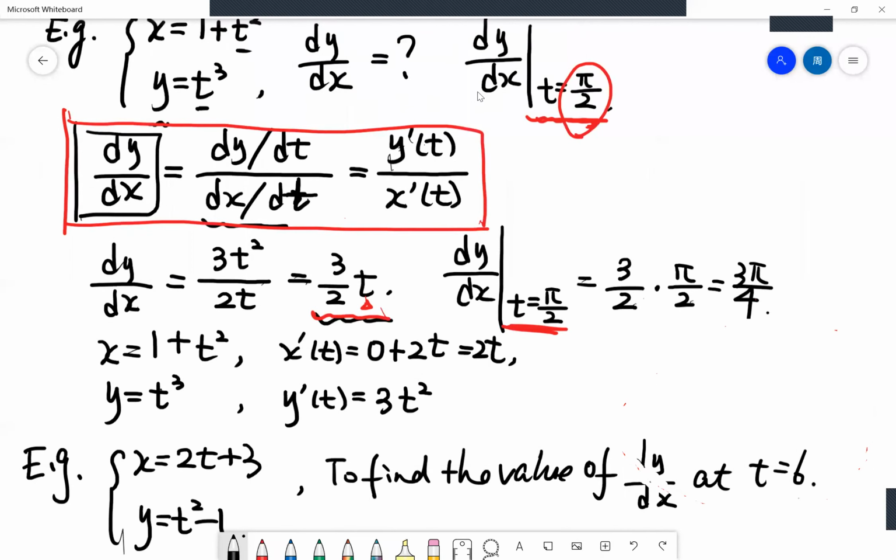Yeah, thank you, Laushi. Pay attention to the numerator and denominator. Don't mix them.